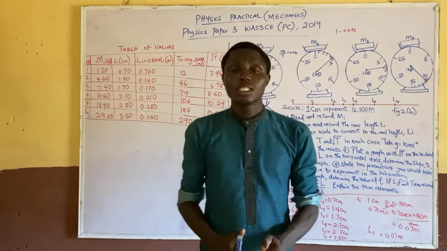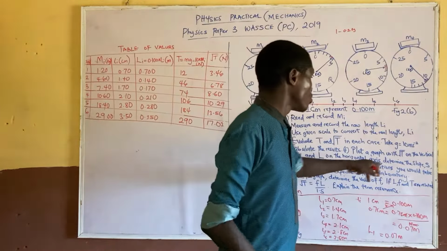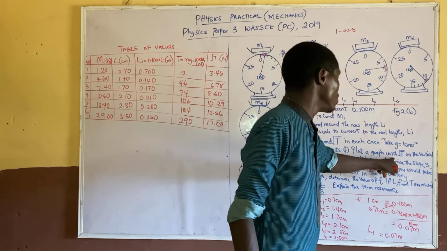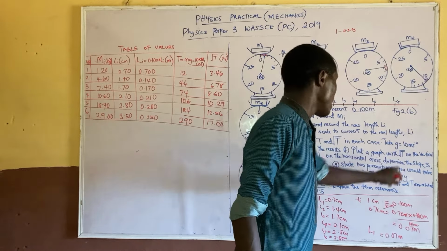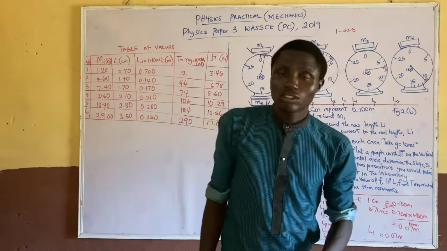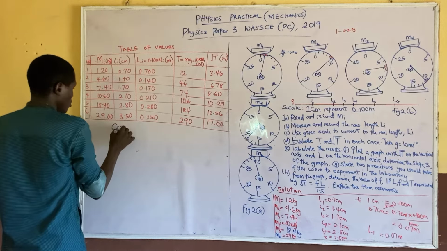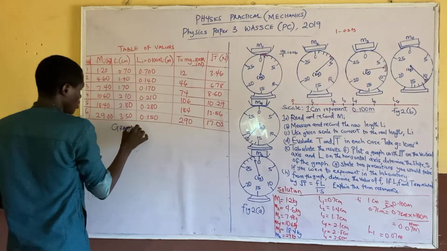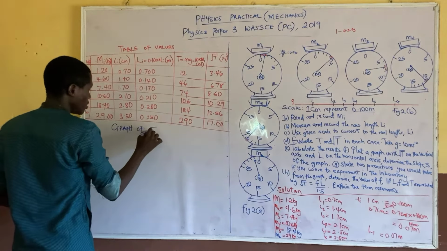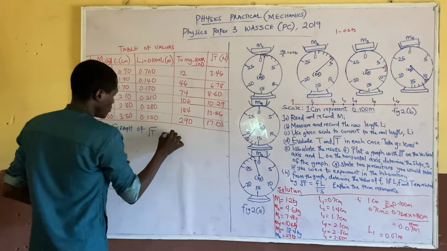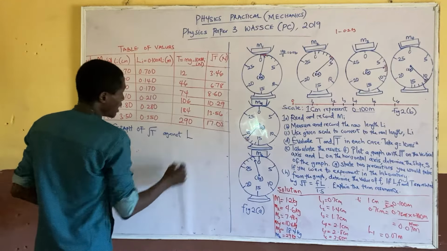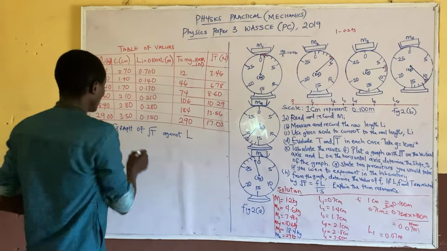Now we have to plot the graph of square root of T against L. So this is the title of our graph.